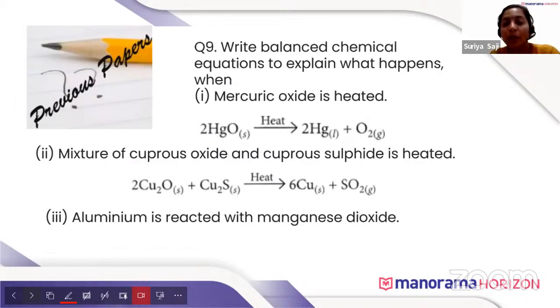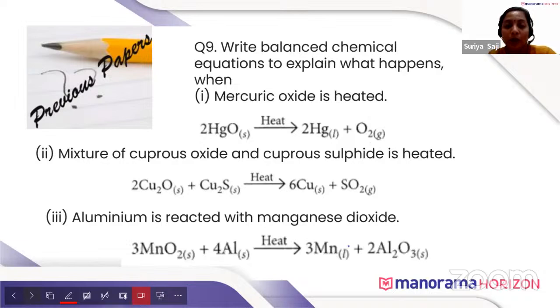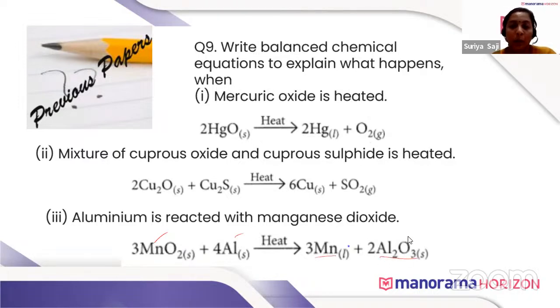Then aluminum is reacted with manganese dioxide. Manganese dioxide is MnO2. It reacts with the aluminum. We'll get manganese and Al2O3. Okay.